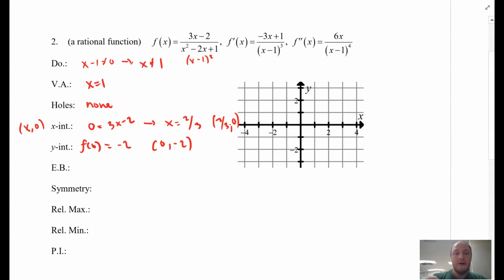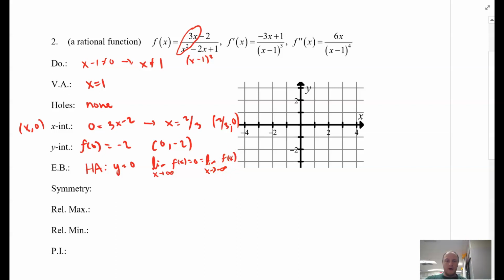Okay, and then our end behavior. Our end behavior, again, is coming from the ratio of the terms. So I have little over big, and in this case, we have a horizontal asymptote at y equals 0, right? And if we want to write this as a limit, as x goes to positive infinity, the function is equal to 0, which is also equal to the limit at negative infinity.